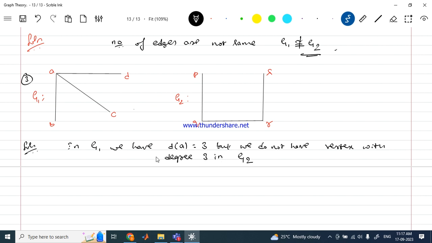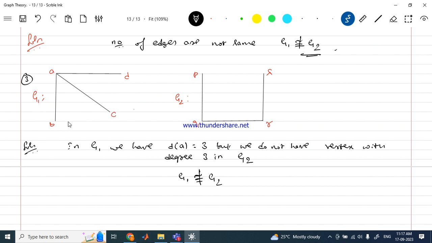It's enough for us. One reason is enough for us to say these two are not isomorphic. But is this the only reason we can give here? No, we can give some more reasons. Which are those reasons? We can find 3 vertices of degree 1.